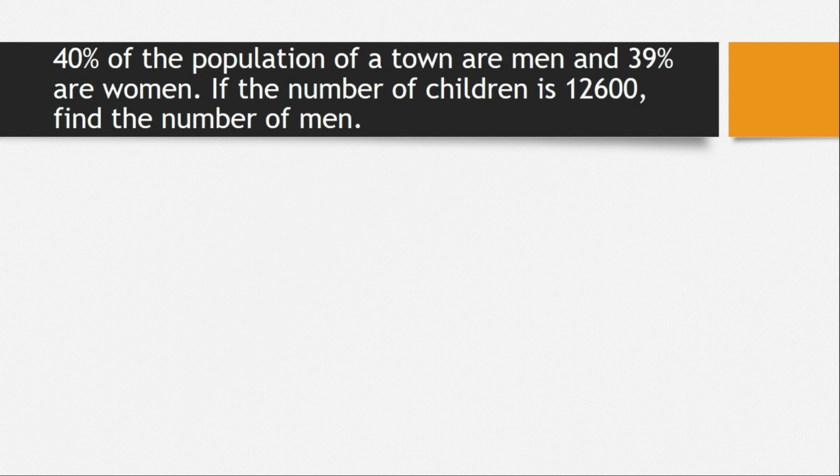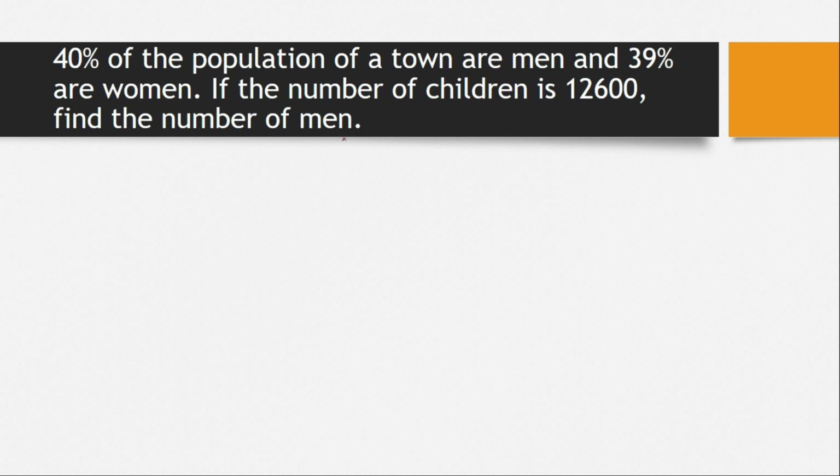Next, 40% of the population of a town are men and 39% are women. If the number of children is 12600, find the number of men.